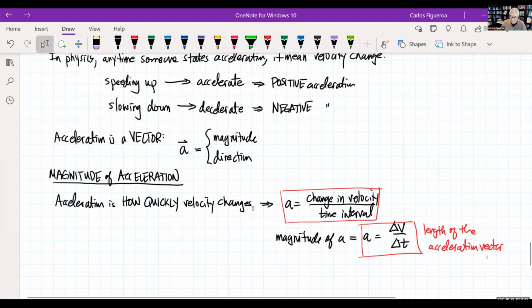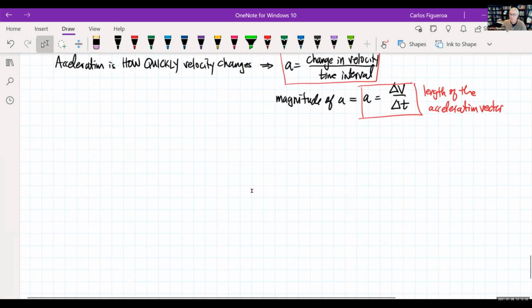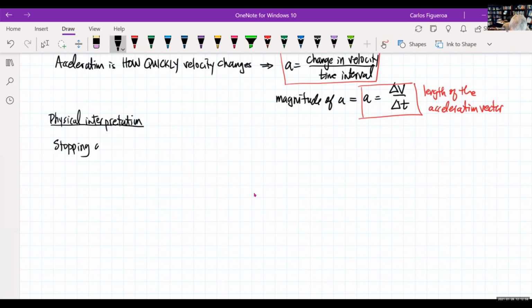Okay, so if that's the case, let's physically interpret what we mean by acceleration. You are all experts at acceleration. Of course you know it, right? You know that if you're stopping a car, what happens to your body?